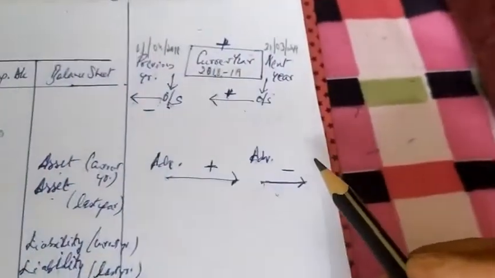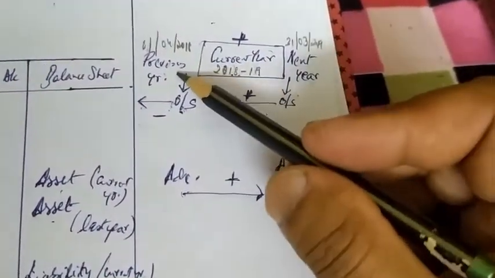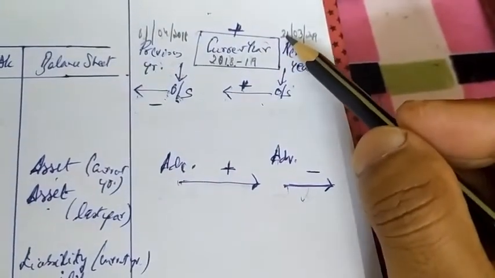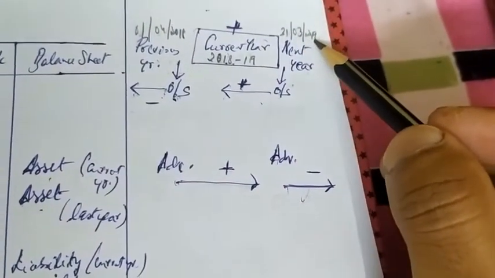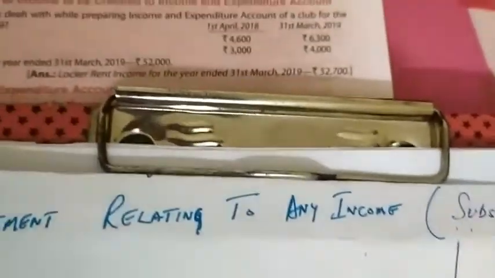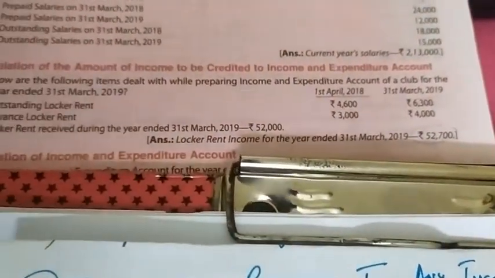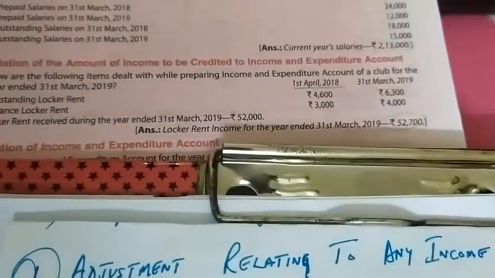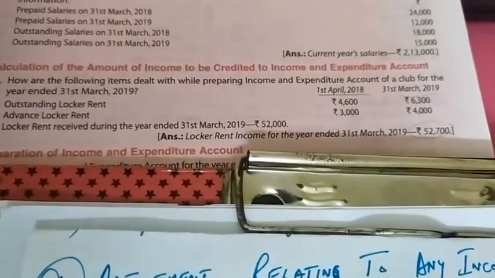Now moving on to our rough work, where we have taken our previous year as the opening date, 1st of April 2018, and the next year as the closing date, 31st of March 2019. You have to pick those amounts which are mentioned there. The first one is for outstanding and advance locker rent.